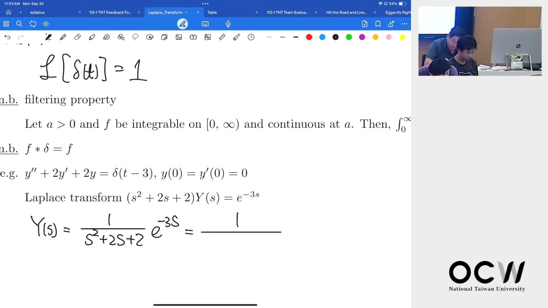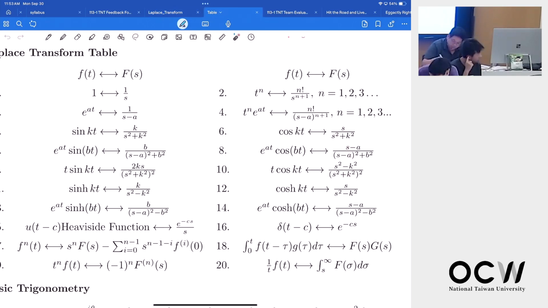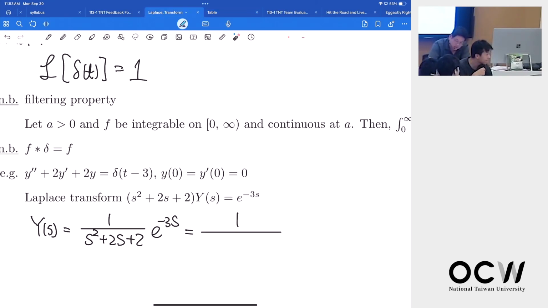Every time you see this, check the table first. If you can make it a perfect square or something, then do it. Also the numerator is a constant, not s. So we can rewrite it as (s plus 1) squared plus 1.